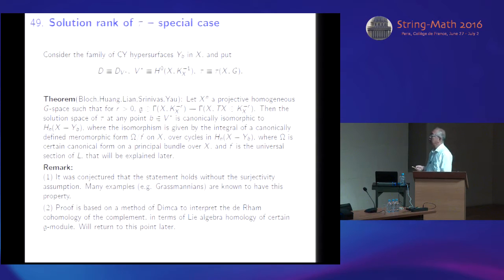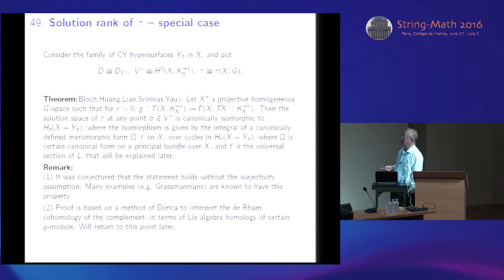Then the solution space at any point is canonically isomorphic to H_n, the n-th homology of X minus Y_b, the complement of the Calabi-Yau manifold. And the isomorphism is given by the integral of a canonically defined meromorphic form, omega over F, over cycles in the complement. So this is a way that we can understand the solution space of tau. It is isomorphic to this.